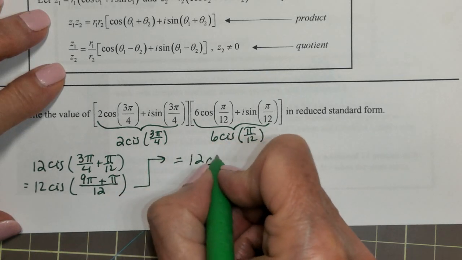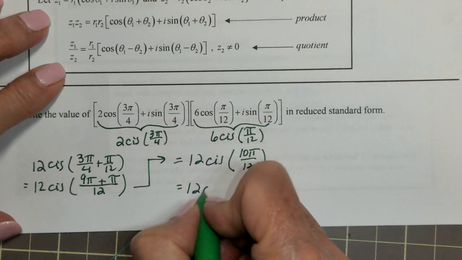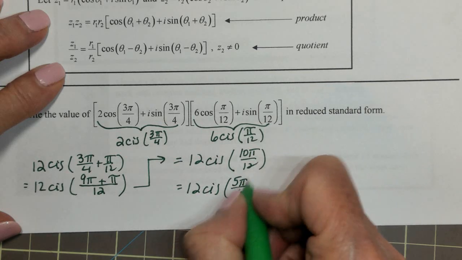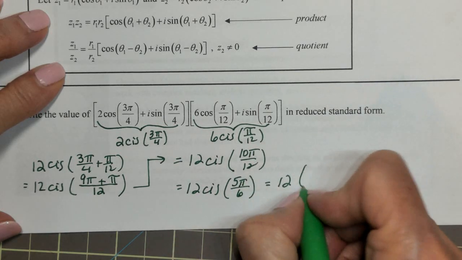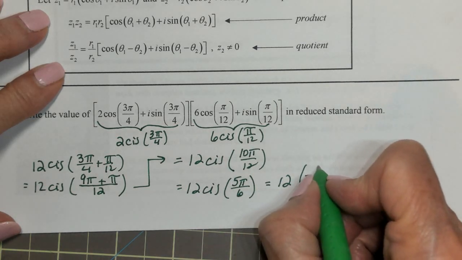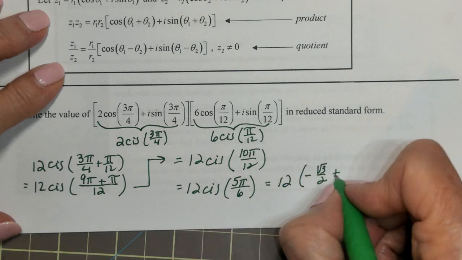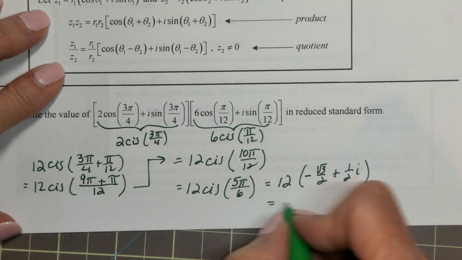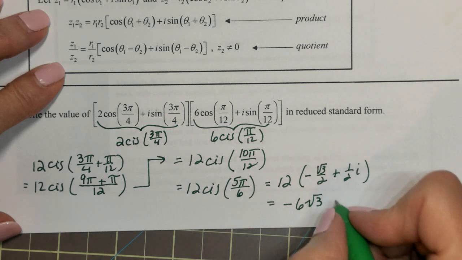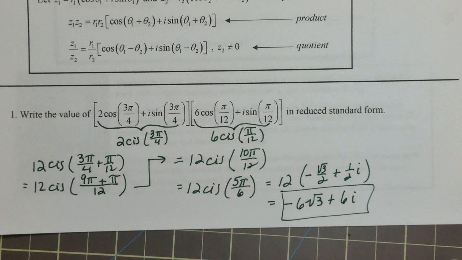This is 12 cis 10 pi over 12, which is 12 cis 5 pi over 6, which is 12 times cosine of 5 pi over 6, which is negative square root 3 over 2, plus sine of 5 pi over 6, which is positive 1/2, times i. So this will be negative 6 square root 3 plus 6i. Reduced standard form.